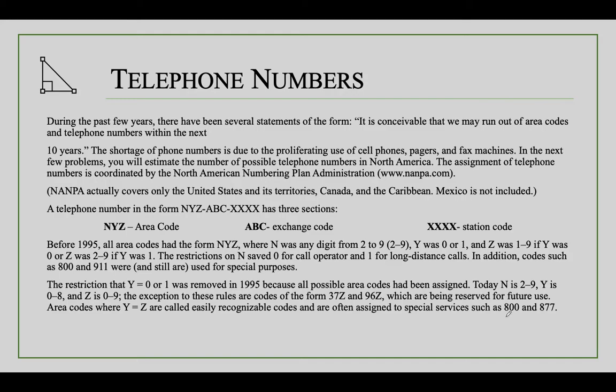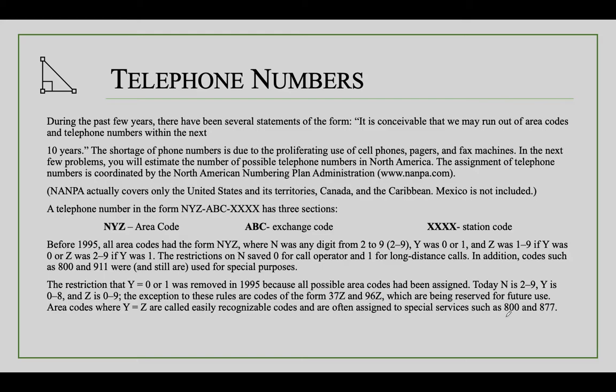A telephone number in the form NYZ-ABC-XXXX has three sections, where NYZ is the area code, ABC is the exchange code, and XXXX is the station code.